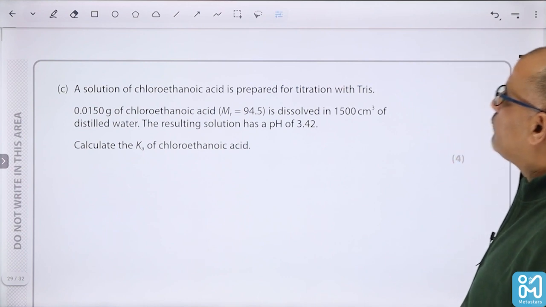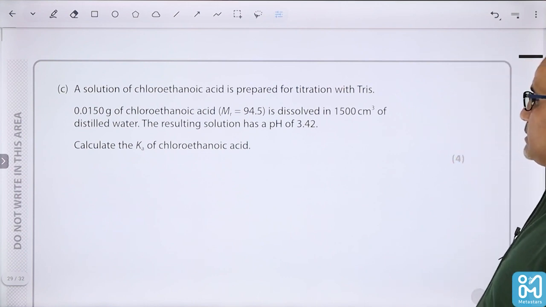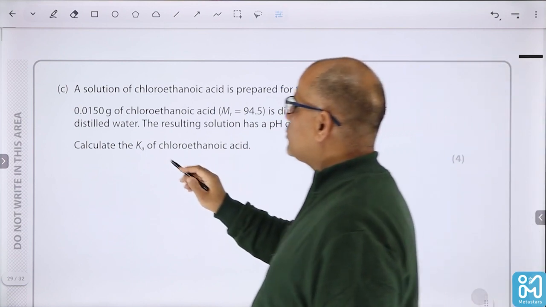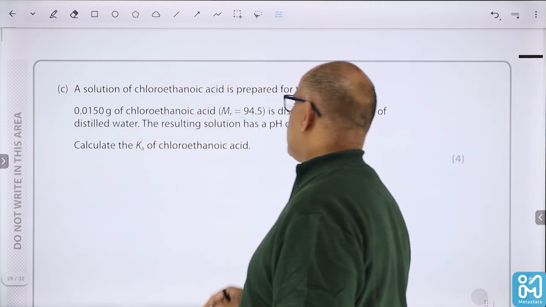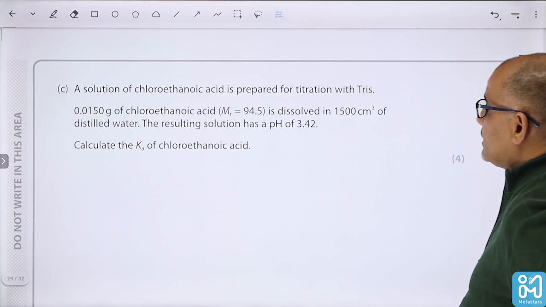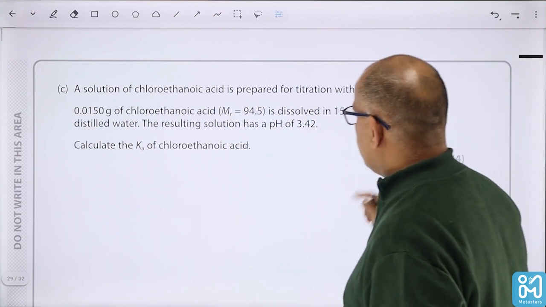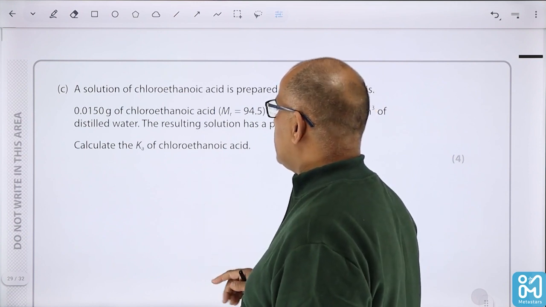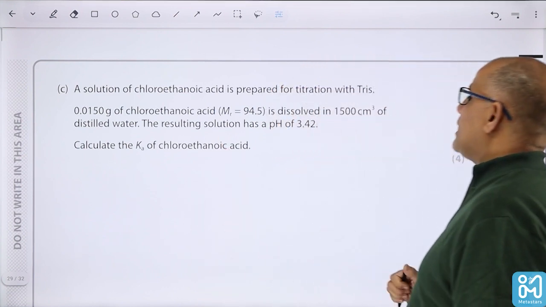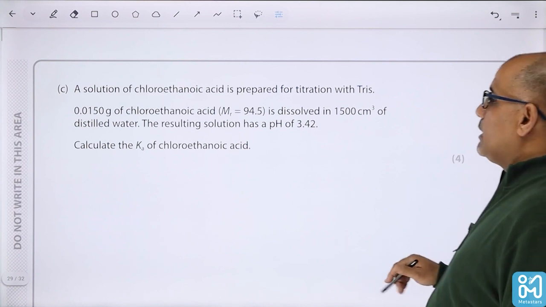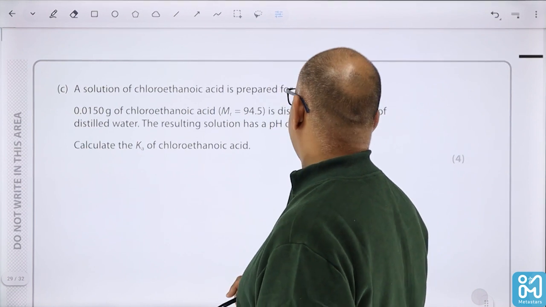A solution of chloroethanoic acid is prepared for the titration, and we have 0.015 grams of chloroethanoic acid, and its Mr is given, dissolved in this volume, which is 1,500 cubic centimeters of distilled water. The resulting solution has a pH of 3.42. Calculate the Ka for chloroethanoic acid.